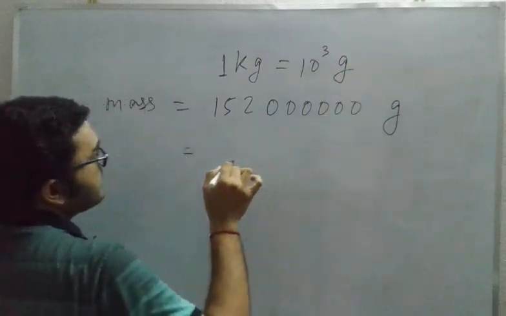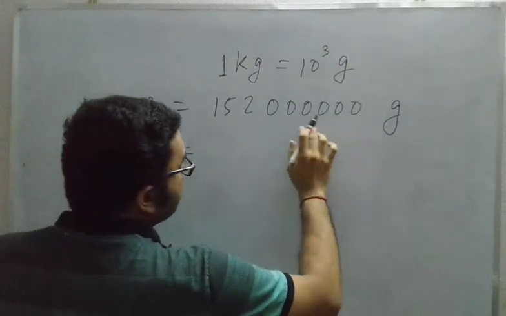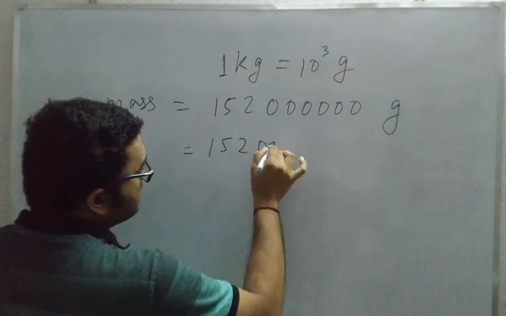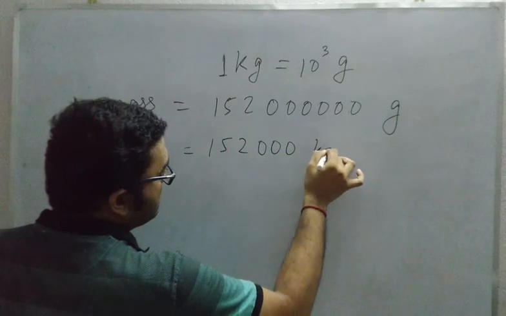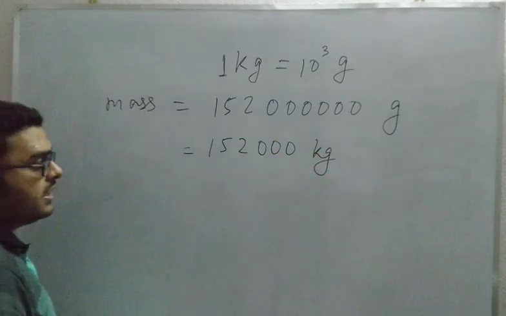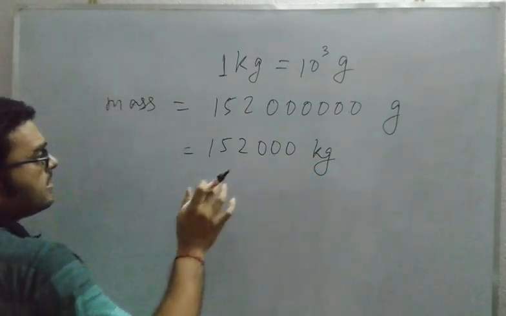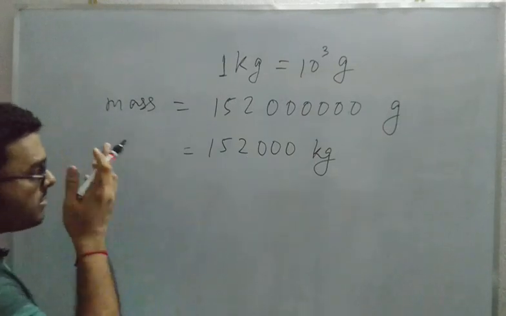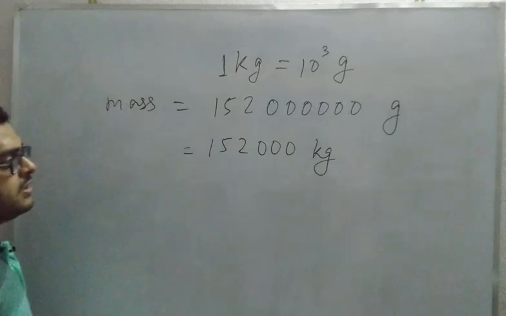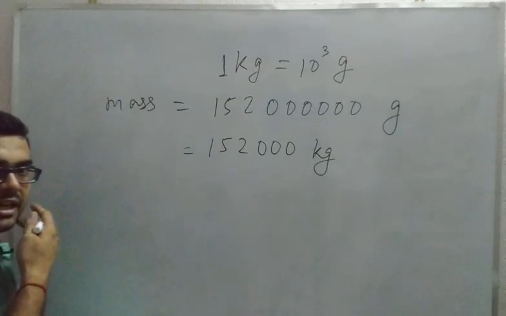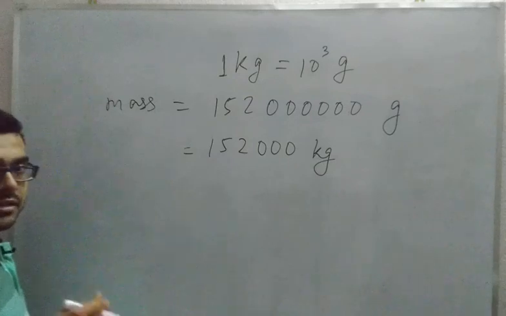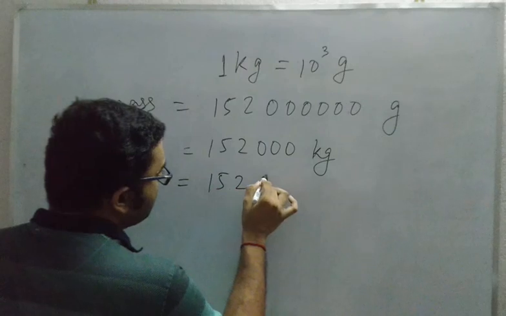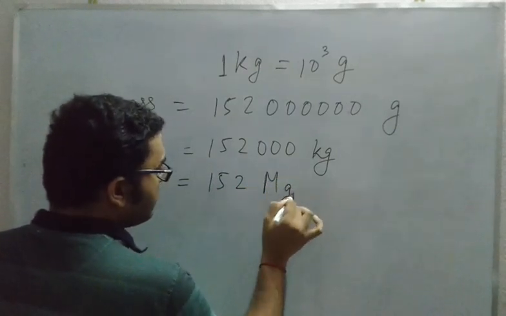If I express this in kilogram, I will write it as 152 followed by 3 zeros, so 3 zeros are removed, this much kg. Still, if you feel it is inconvenient to express this in kg, I can remove these 3 zeros also. We have seen that the next higher multiple after kilo is mega. So I can obviously write this as 152 megagram. No problem, you can write it.